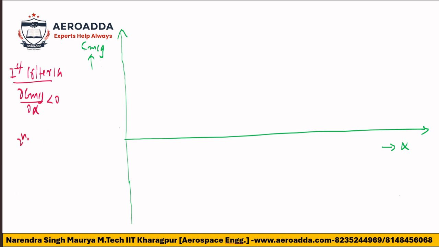That is the first criteria. What is the second criteria? The second criteria is nothing but CM naught should be positive. These two I have told you. CM naught means it's the CMCG value, when CL is equal to 0, when alpha is equal to 0.